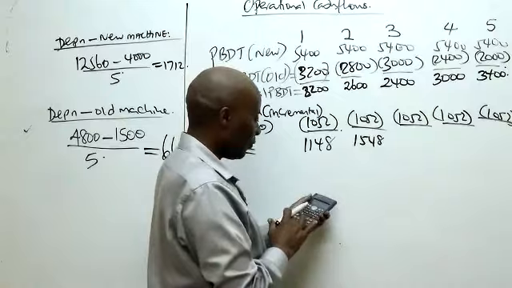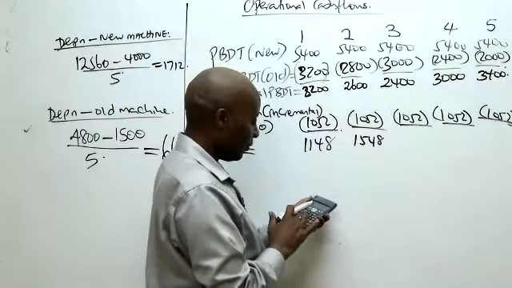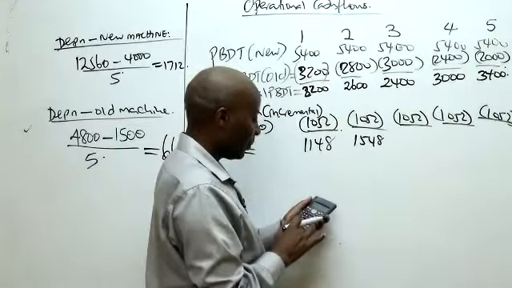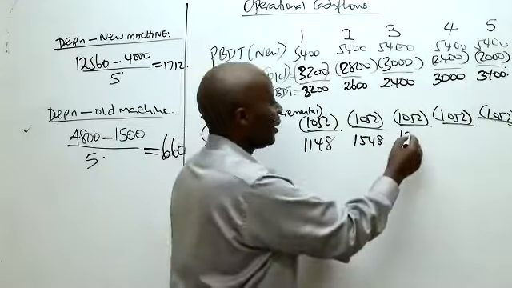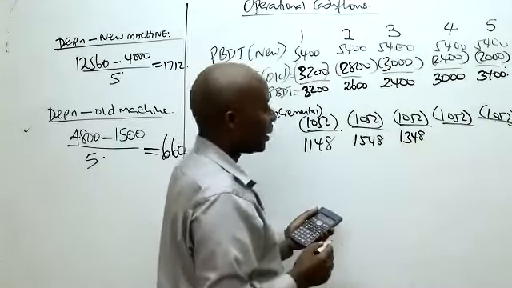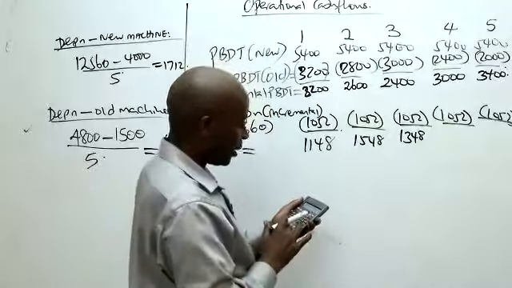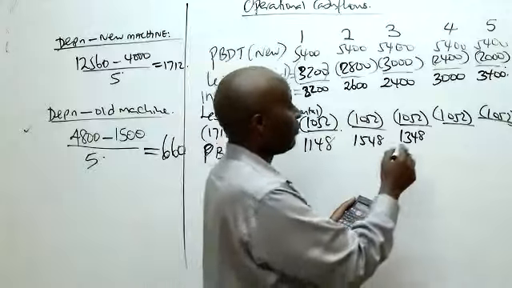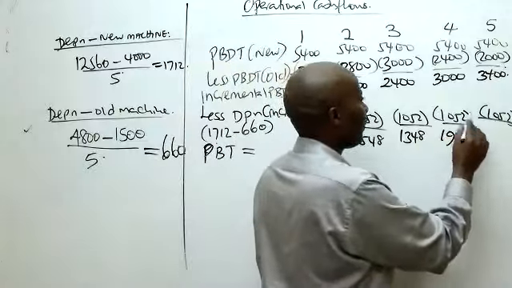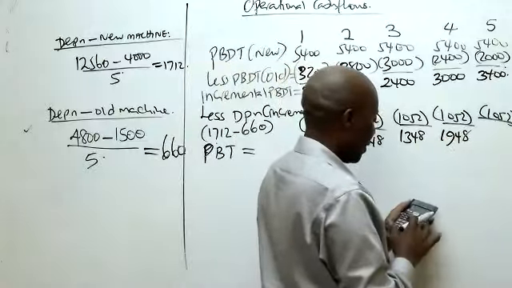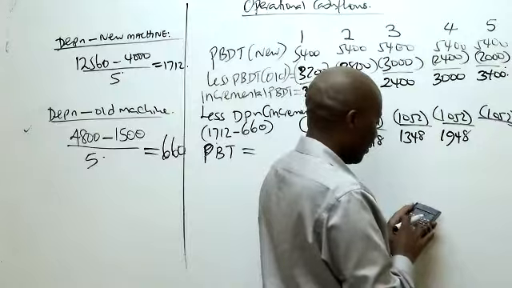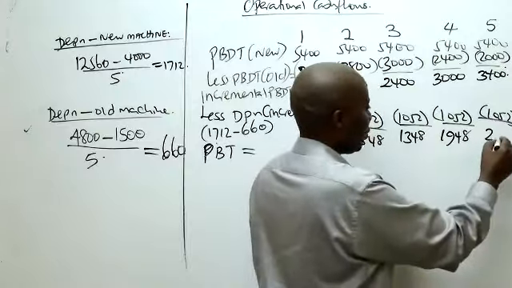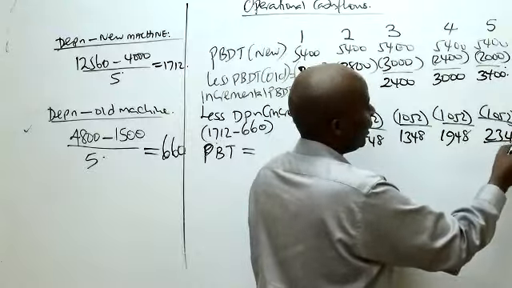We have 2400 minus 1052, which gives us 1348. We have 3000 minus 1052, which gives us 1948. Then we have 3400 minus 1052, which gives us 2348, like that.